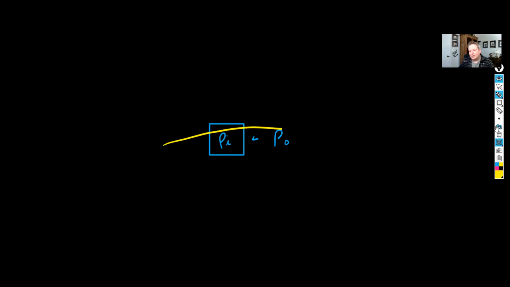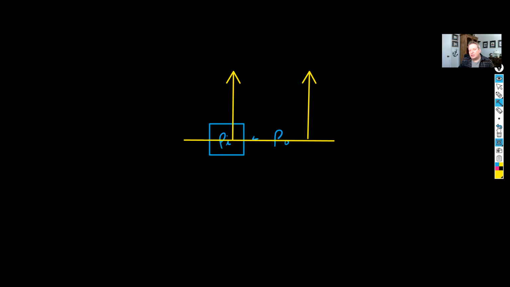Whoa, that's not a straight line. This is a straight line. That's an important fact, that the pressure is the weight of the air above you. So both inside the parcel and outside the parcel, there's air, and that air has weight and it's pushing down equally.